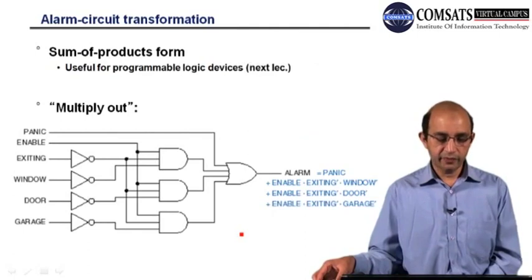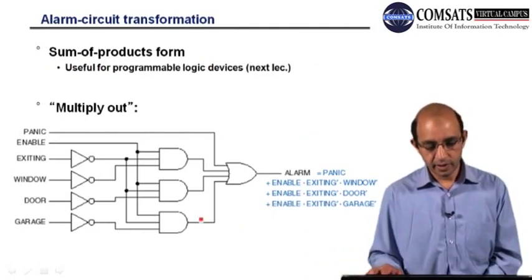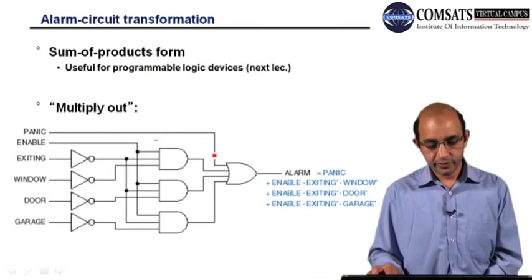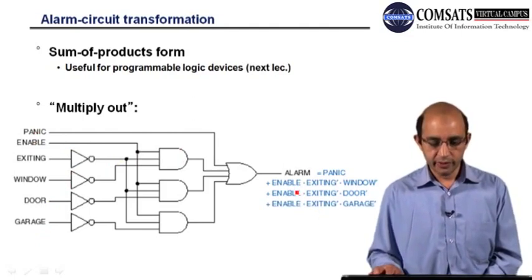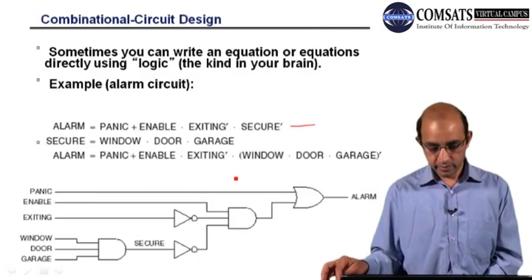And then we can have an example like this right here. So we have panic, then enable, then exit, window, door. The inputs are almost the same. So here we have some of products.